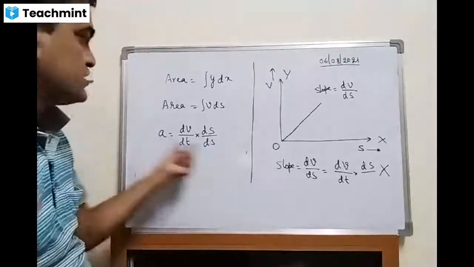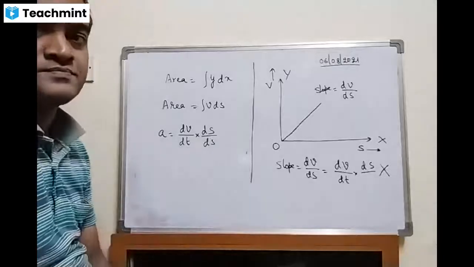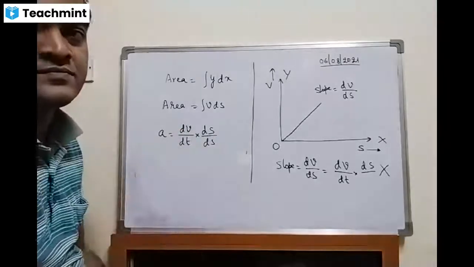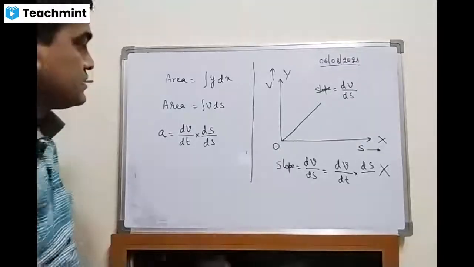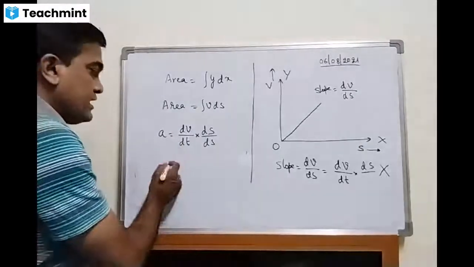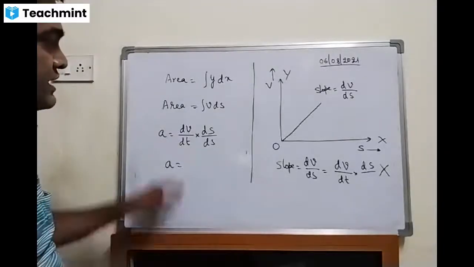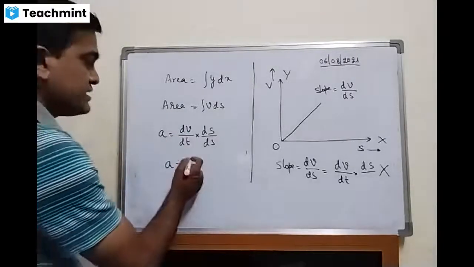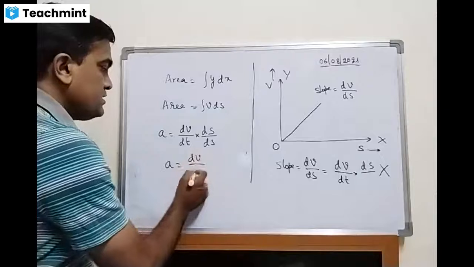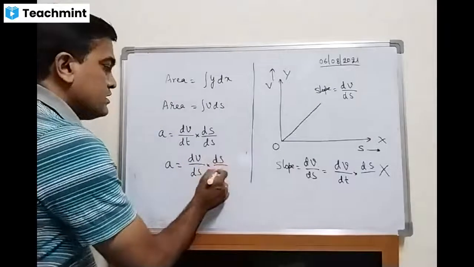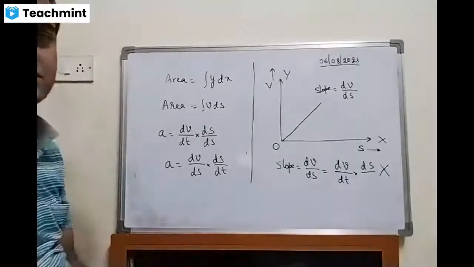It does not change anything, it does not affect acceleration. Yes, I can multiply and divide with ds. So now a is equal to dv by ds into ds by dt. Can I write like this?